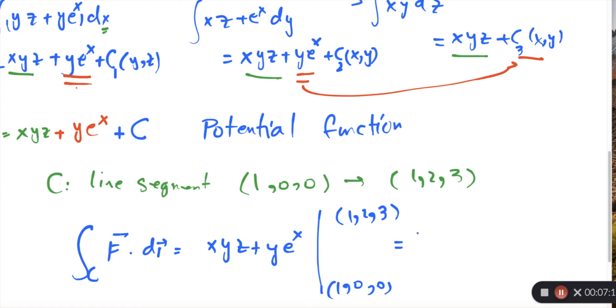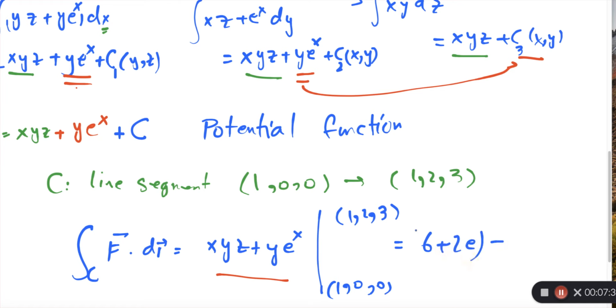When you plug in (1, 2, 3) for x, y, z here, what you get is 1 times 2 times 3, which is 6, plus 2 e to the power 1.